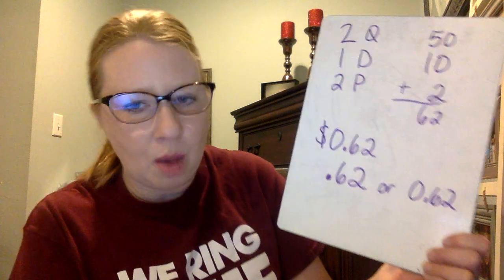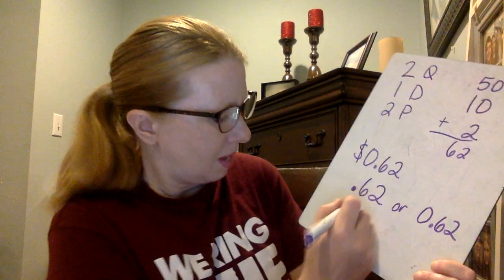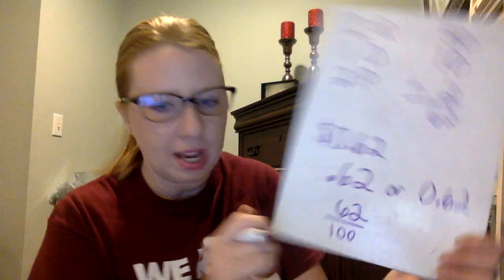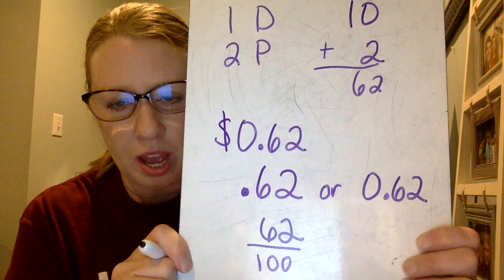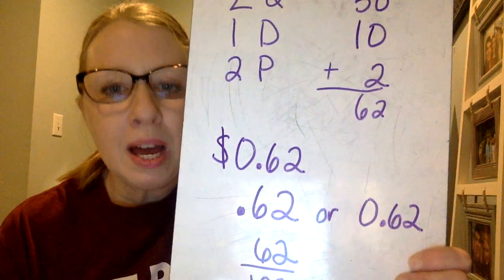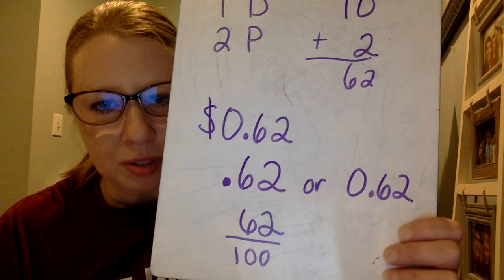And finally, I want to write it as a fraction, 62 over 100, 62 hundredths. That is how we can relate money, fractions, and decimals.